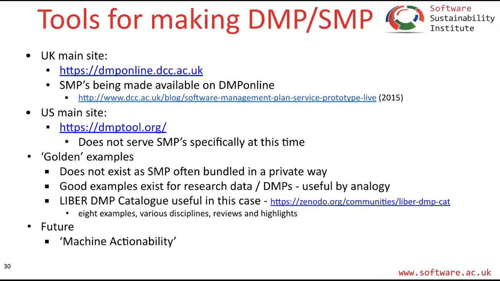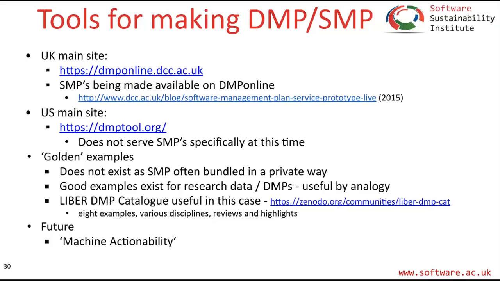Do they have the documentation? Is there a README? Are there tests? You know, is the repository open, etc. And that's for software, as an example. But machine actionability is the software management plans and data management plans themselves being executable in some way, so that you could actually run them to see if they're doing what they say.